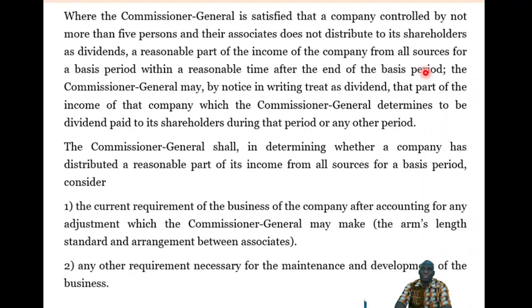Now, this is the anti-avoidance provision. The Commissioner General may, by notice in writing, treat as dividend that part of the income of the company which the Commissioner General determines to be dividend paid to its shareholders during that period or any other period.